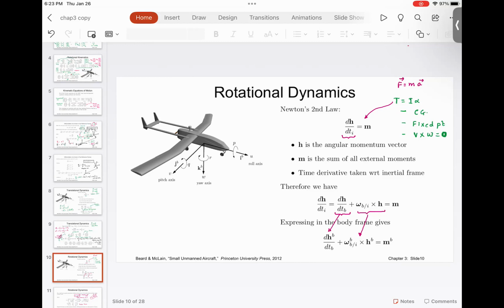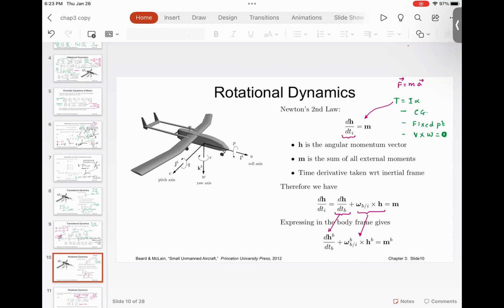You can use an arbitrary point and apply this equation again, but do not forget this additional term that is coming in the picture, because now the moment is not about CG or at a fixed point. Everyone understood this? That is extremely important.